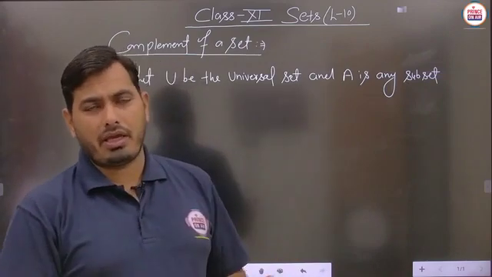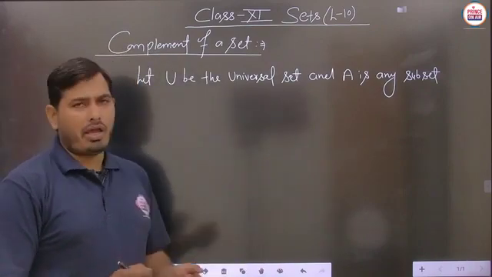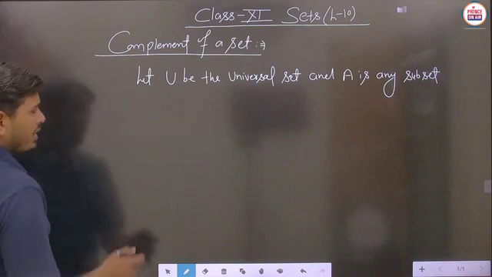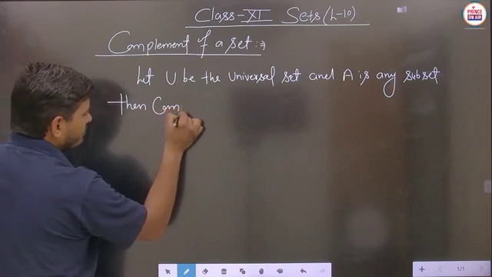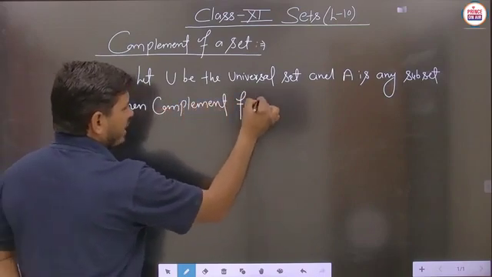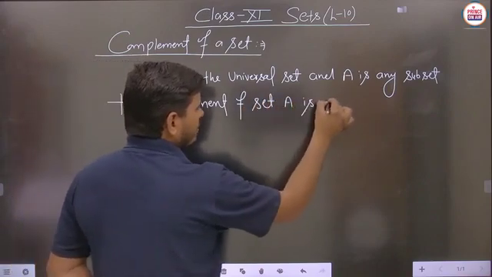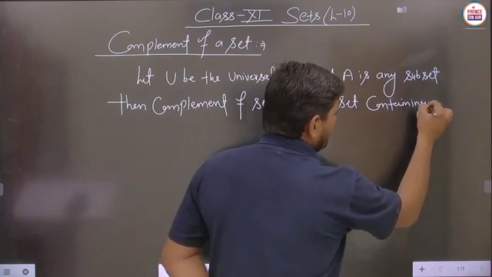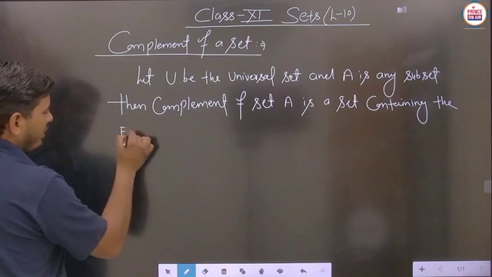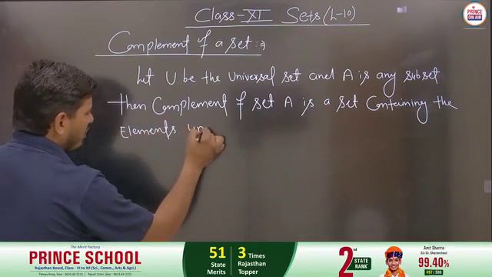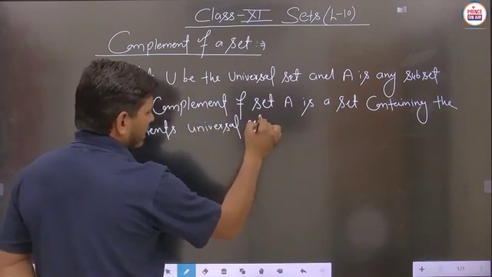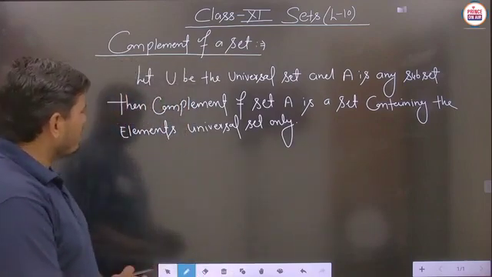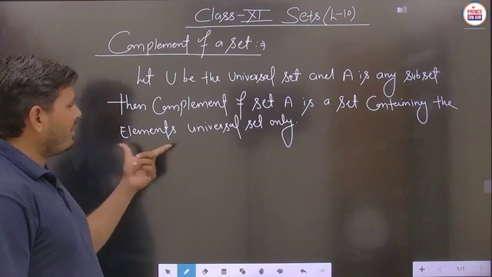Then the complement of this set A is defined where we include the elements of U only, not A. Let U be the universal set and A any subset, then the complement of set A is a set containing the elements of the universal set only.